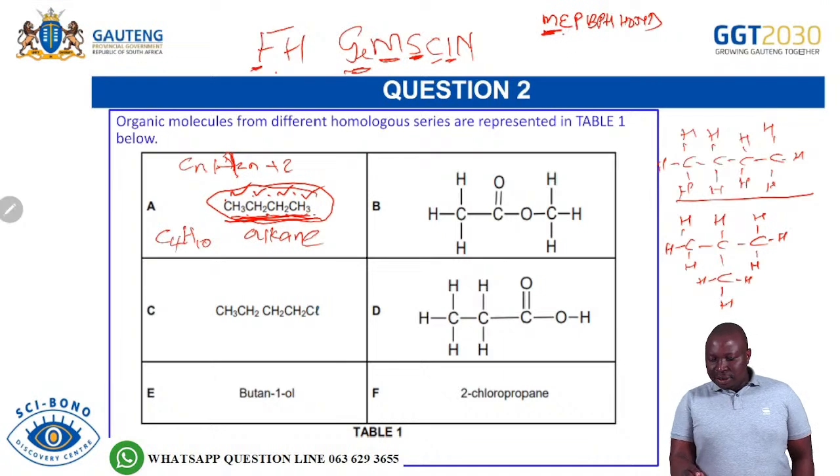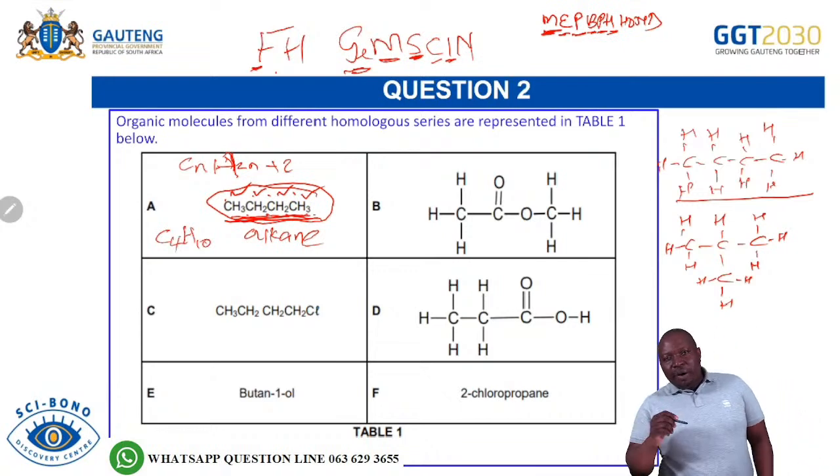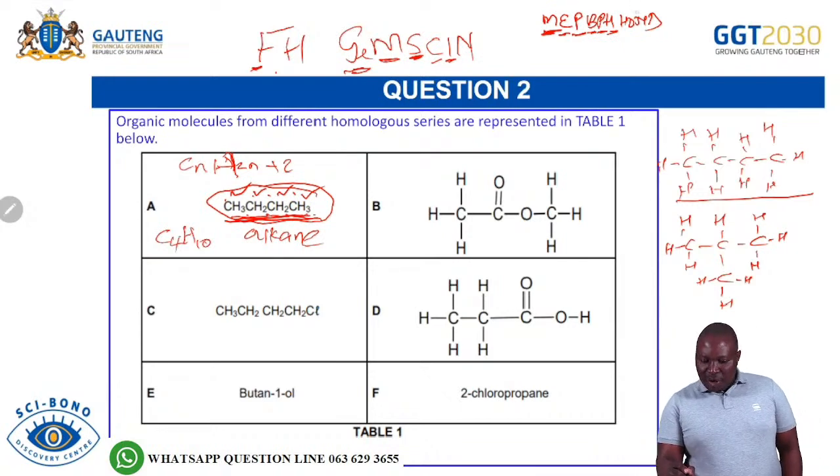If we have 2 carbons, ethane, 3 carbons, propane, 4 carbons, butane, 5 carbons, pentane, 6 carbons, hexane. And for our study in grade 12, we only do up to 6 carbons. So we don't have to worry about the rest of the carbons.